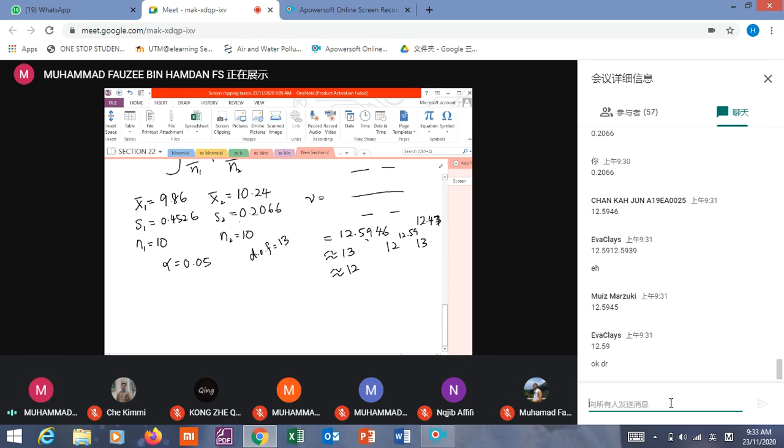The 95% confidence interval for mu1 minus mu2 is equal to x bar 1 minus x bar 2, plus or minus t alpha over 2 with the degree of freedom, in this case 13, multiplied by the square root of S1 squared over N1 plus S2 squared over N2.